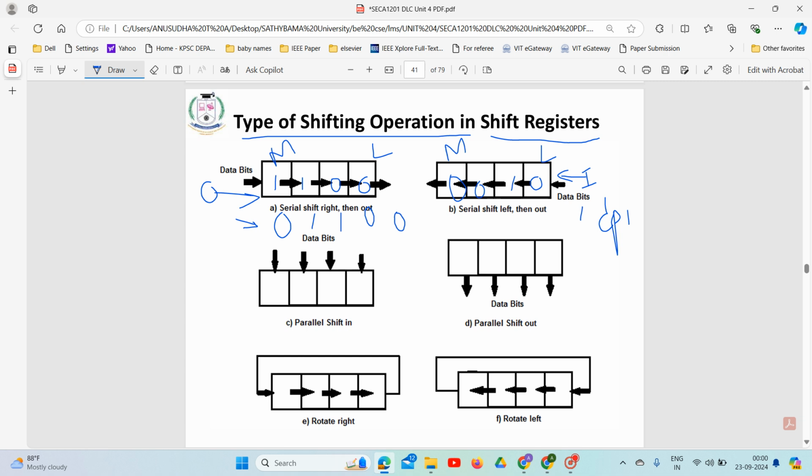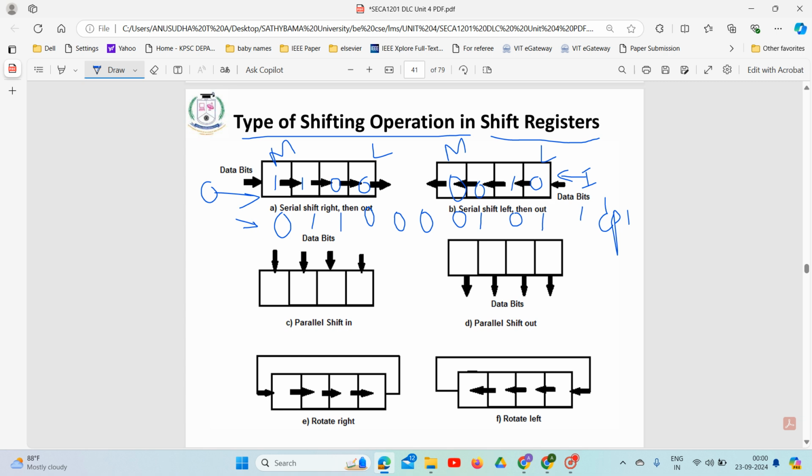Then the LSB flip-flop output is stored in the second flip-flop, the second flip-flop result is stored in the third, and the third in the fourth. We take out the result from the MSB. In this way, we are performing the shift operation.